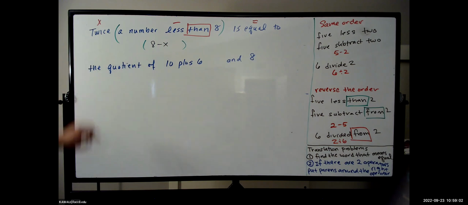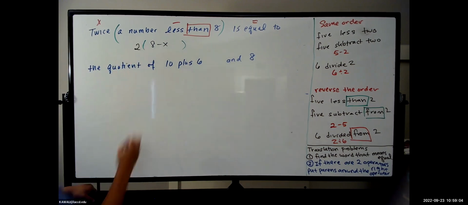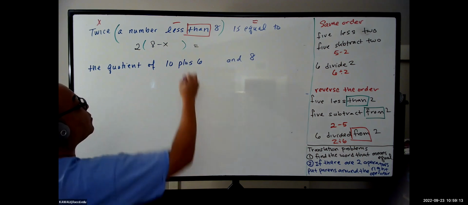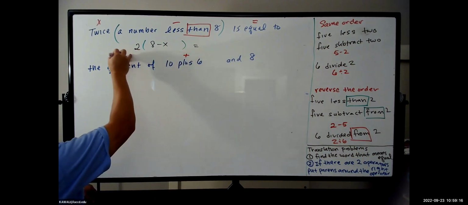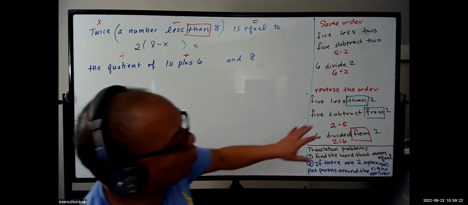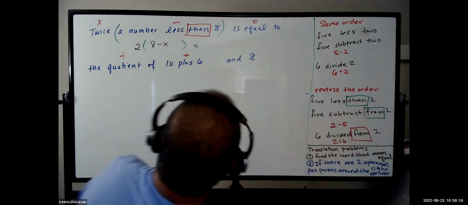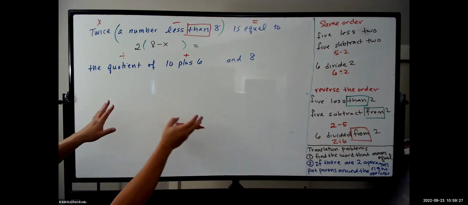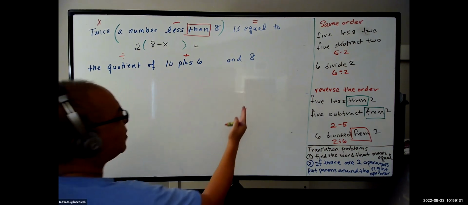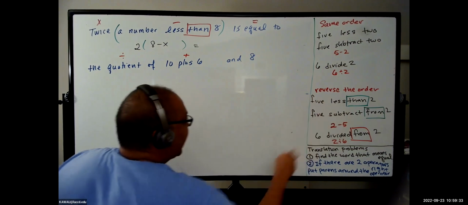And then this says twice. Is equal to, and then we go backwards here, I have a plus and I have a divide. Now notice that there's no words from or than here, so we keep this in the same order. I should have 10, 6, and 8 in the same order because there's no word than or from.